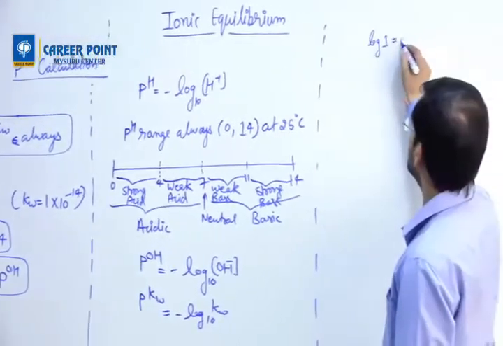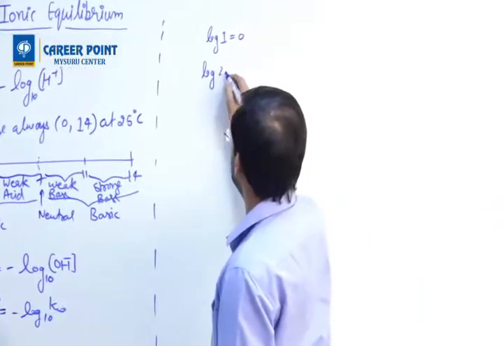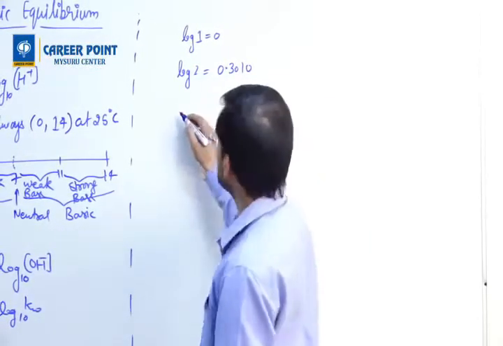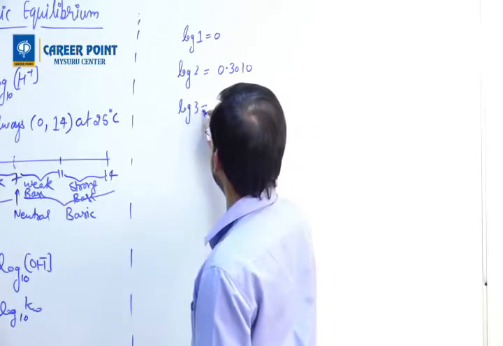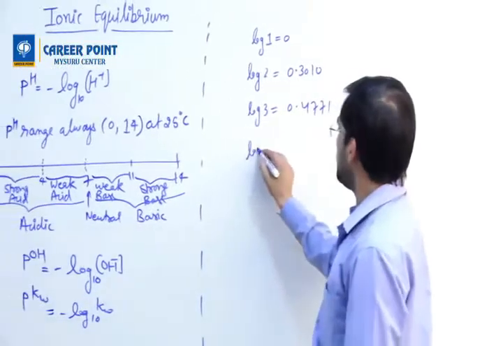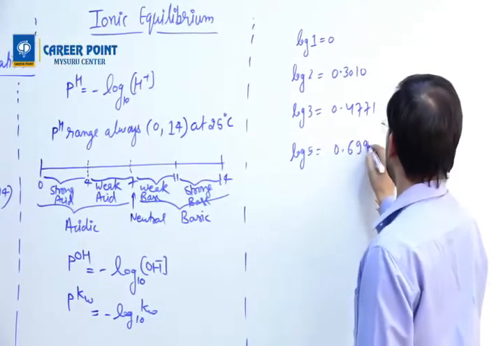Log 1 is equal to 0. Log 2 equals 0.3010. Log 3 is equal to 0.4771. Log 5 is equal to 0.6990.